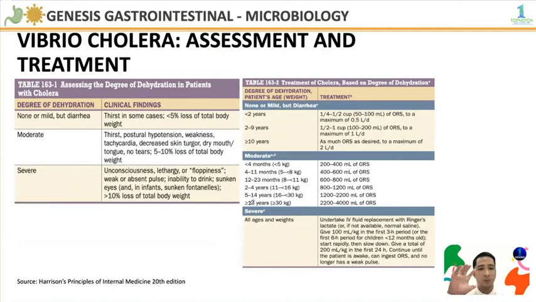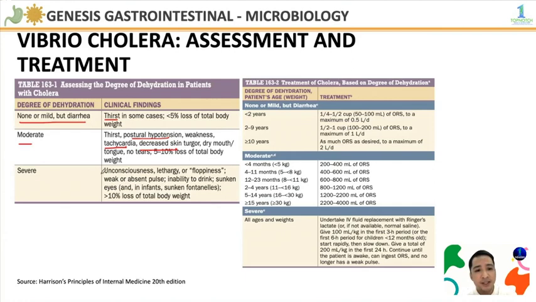So again, one of the important management of Vibrio cholera is to assess the degree of dehydration and to take note of this degree of dehydration. For example, you will see here if there is none or mild diarrhea, the usual manifestation, the patient will present with thirst. With moderate diarrhea, you need to assess the vital signs of the patient. If there's already tachycardia, decreased skin turgor, postural hypotension, that is where the moderate degree of dehydration comes in.